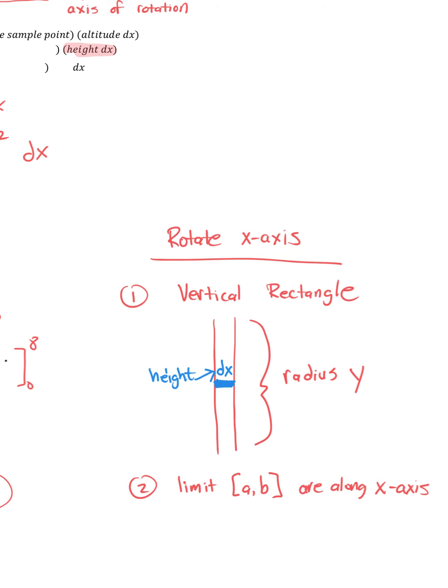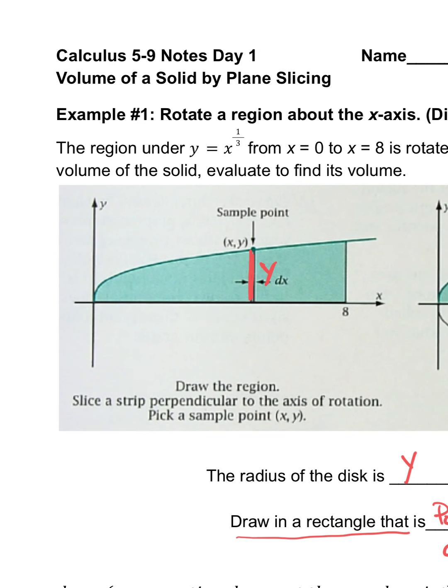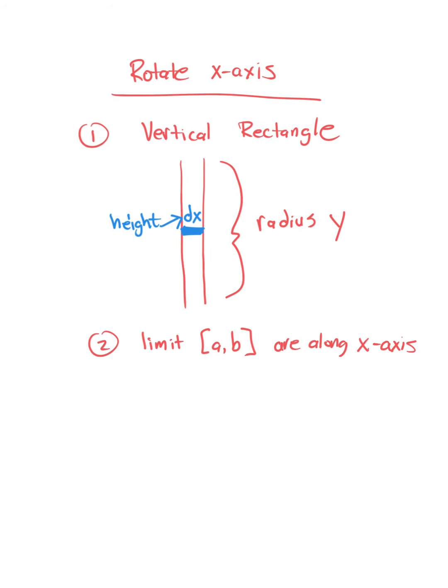Everything matches in volume. If you're rotating around the x-axis, your limits are along the x-axis. Let's go up to the graph and verify that. Our limits are along the x-axis from left, 0, all the way out to 8. That's the second thing to keep in mind. Third, your definite integral will always be x's and dx's.